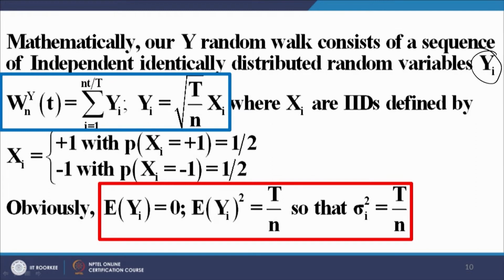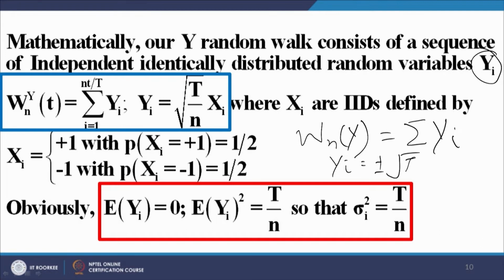Now, we apply the central limit theorem to this collection of y variables, where each y I is equal to plus minus under root t upon n with equal probabilities. So, W n T is the sum of y I. We apply the central limit theorem to the sum of y I in the form that I showed you a couple of slides back.